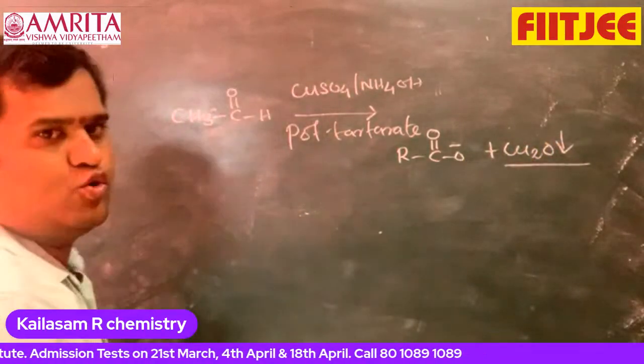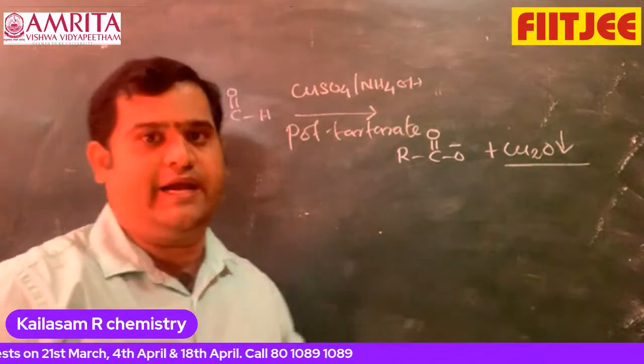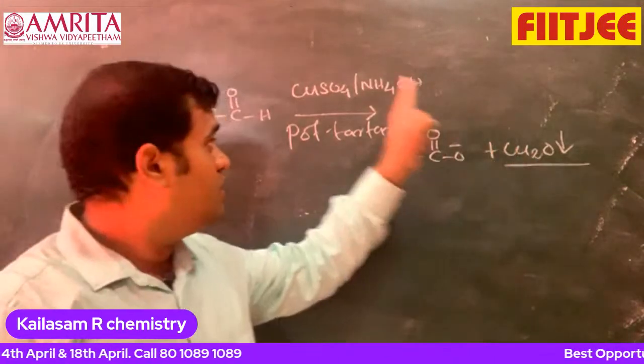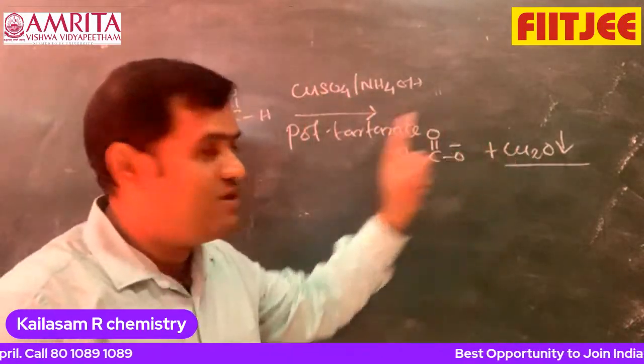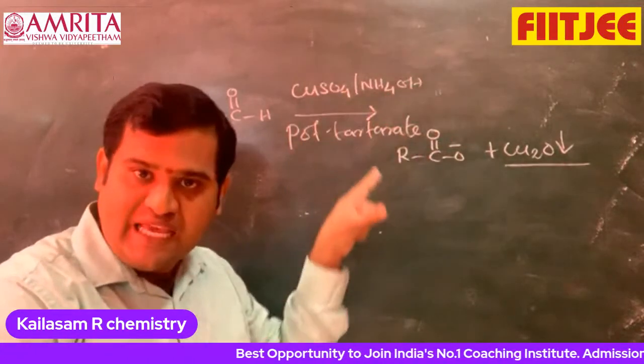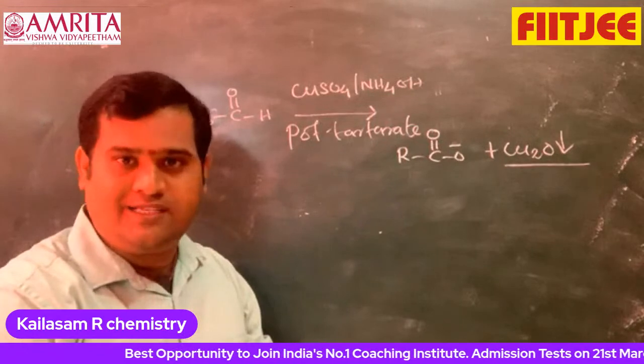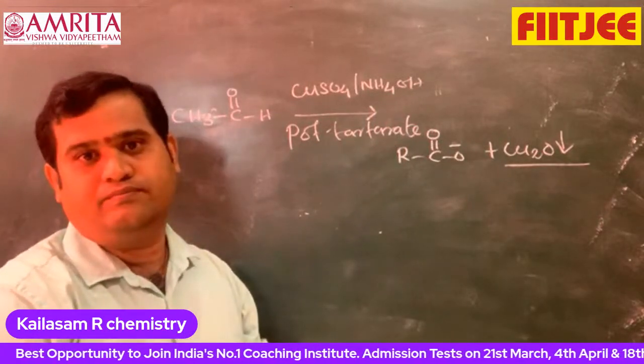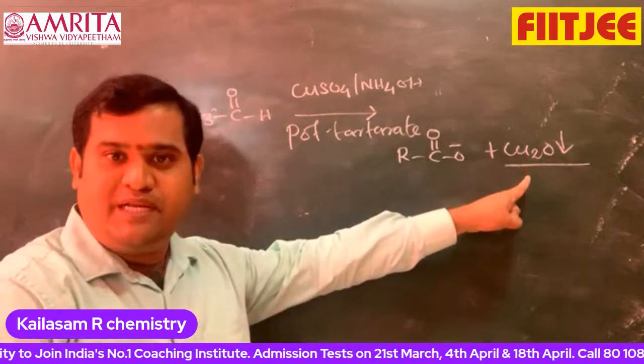Look at this, it's cuprous oxide, Cu2O. Cu2+ becomes Cu+. That means an aliphatic aldehyde can reduce Fehling's. Aromatic does not. And it's a red precipitate.